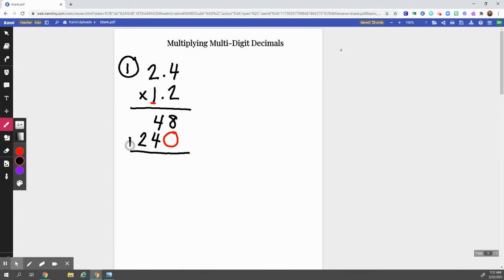Then we're going to go ahead and add straight down. So 8 plus 0 is 8. 4 plus 4 is 8. And 2. Okay. So now on this number we have 1 decimal place. Here we have 1 number after the decimal.